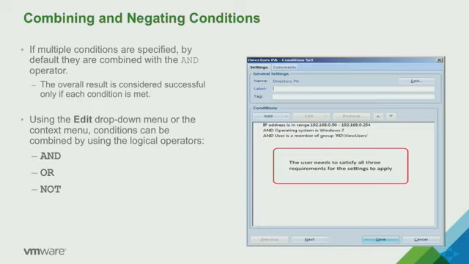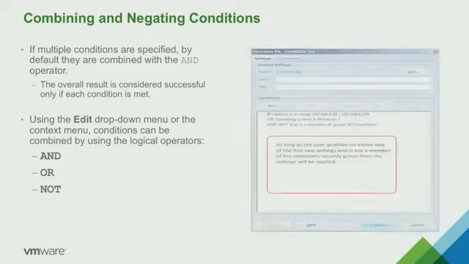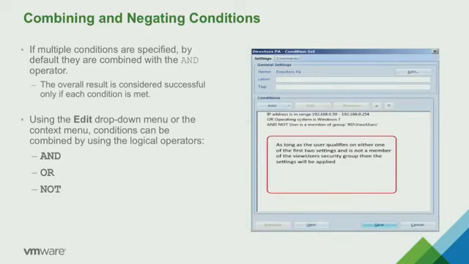UEM processes those from top down. So the first thing it says, well, if the IP address is in this range and the operating system is Windows 7 and the user is a member of this group, then do whatever this is. Apply this setting, do this task, and so forth. So unless that UEM client system meets all three of those, this particular setting won't be applied. You can also use ORs and, as I said, NOT.